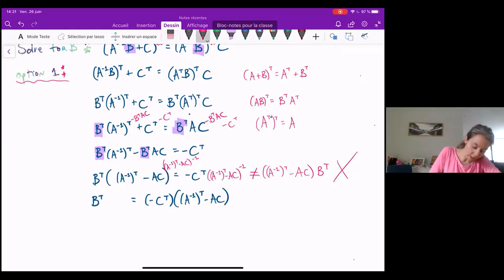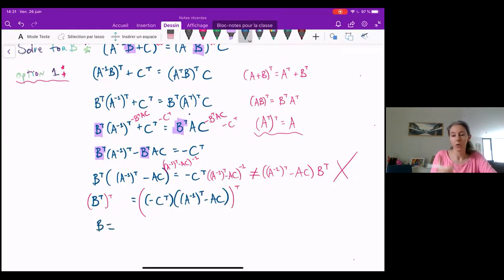Well, I can just take the transpose of both sides. And here we're just remembering the fact that a transpose of a transpose is equal to A. I'm doing it to both sides of the equation, so we're all good. So now I get that B is equal to, remember, when I distribute a transpose, the order of multiplication changes.